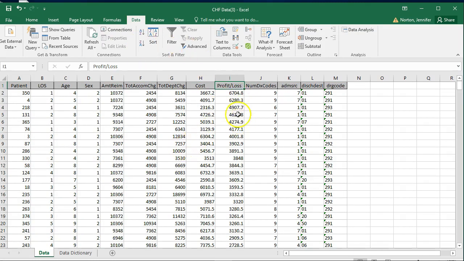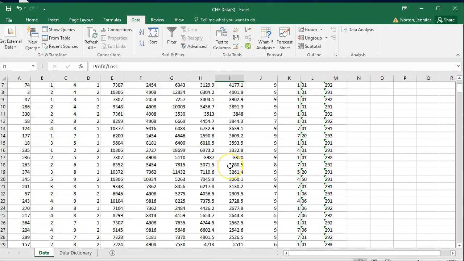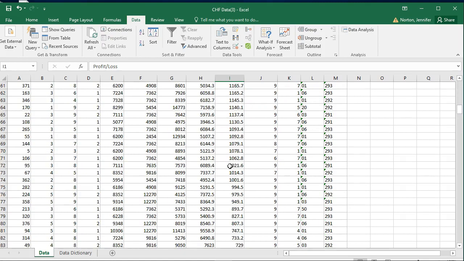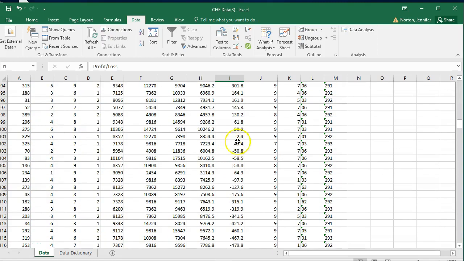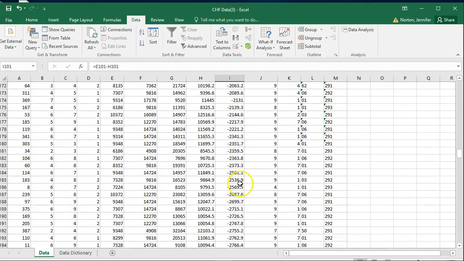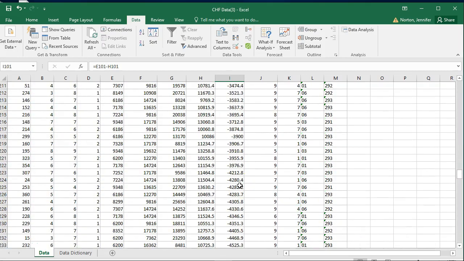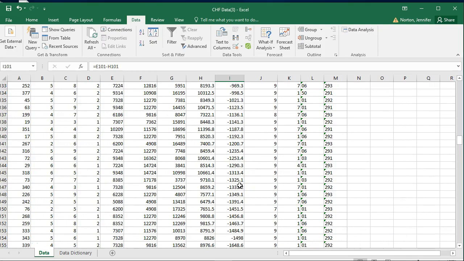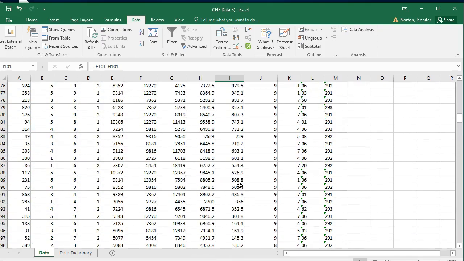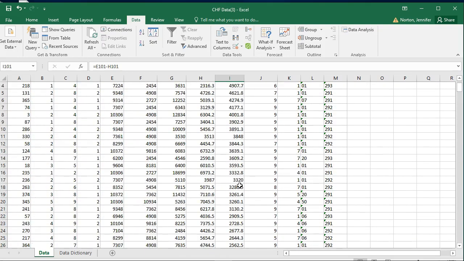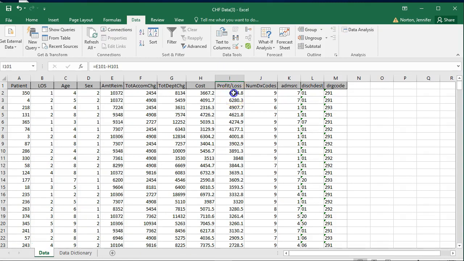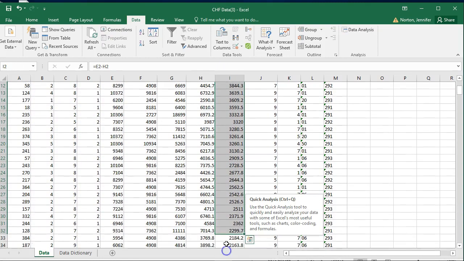This is going to show us all of the profits together, and then we come down to where it starts our losses and all of our patients that are represented by a loss. So question number 2, it says, does General Hospital have any profitable CHF patients? We've already identified that yes, they do have some profitable CHF patients.